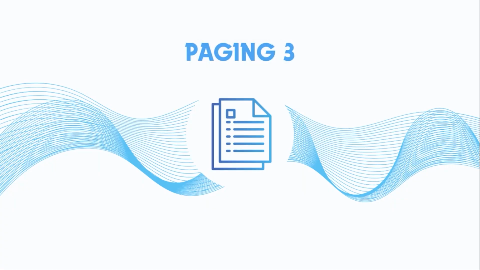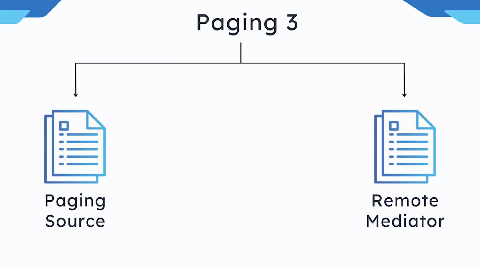Android provides a powerful library called Paging 3, which simplifies the process of implementing paging. The key components of the Paging 3 library are paging source and remote mediator. The paging source is used when you fetch data directly from a server and display it in the UI.